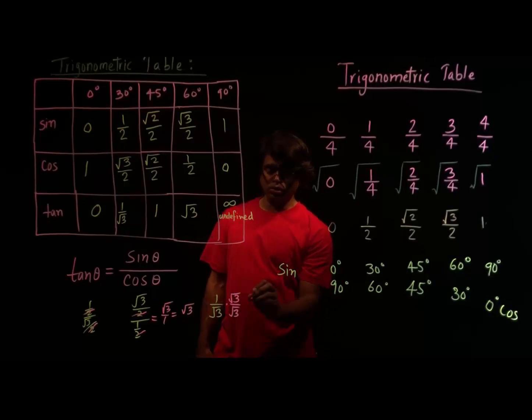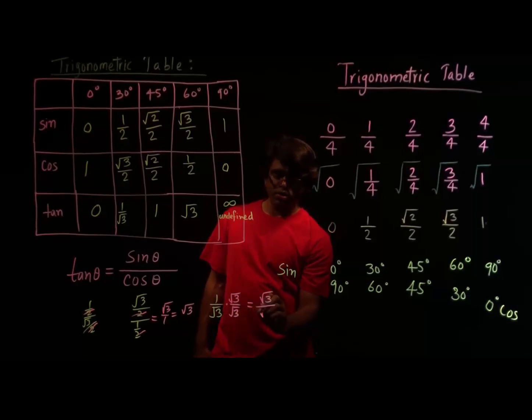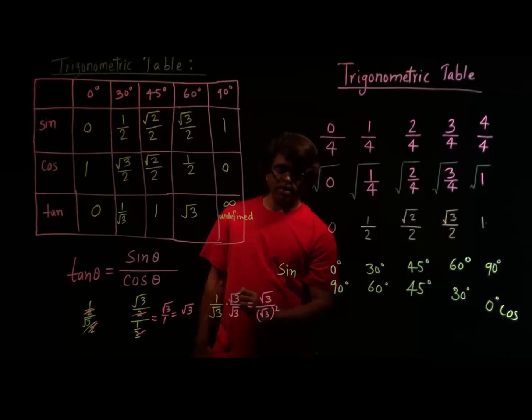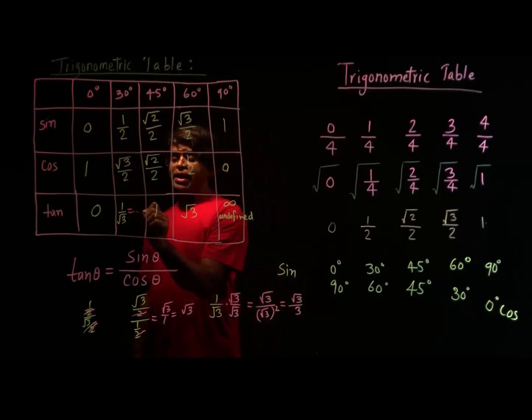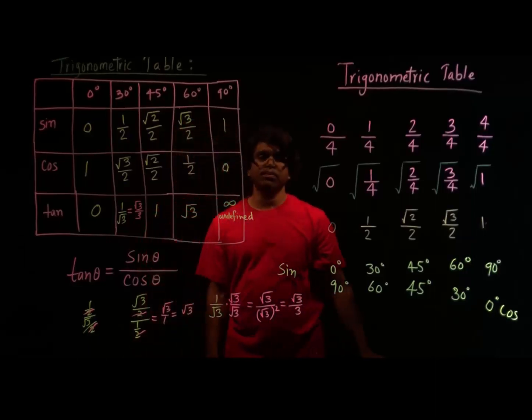So 1 times root 3 is root 3, and root 3 times root 3 is root 3 squared, and we all know that root 3 squared is 3. So I will write root 3 over 3. Instead of writing 1 over root 3, I will write it as root 3 over 3.